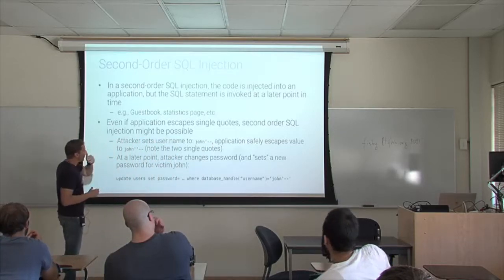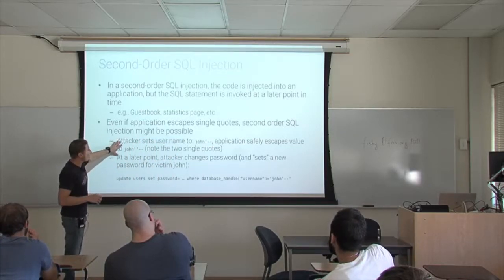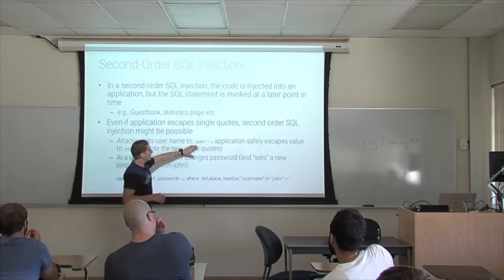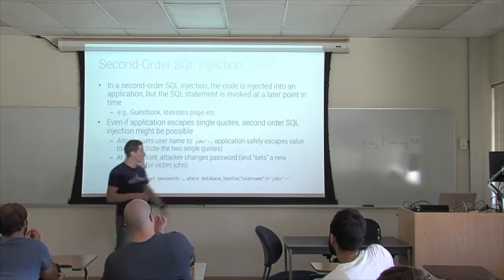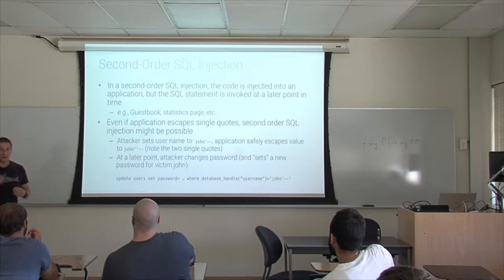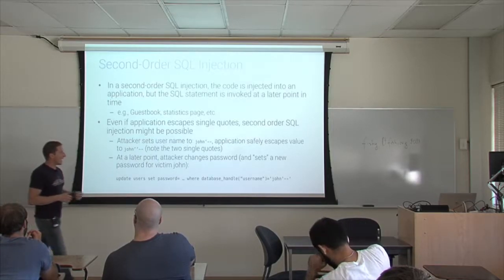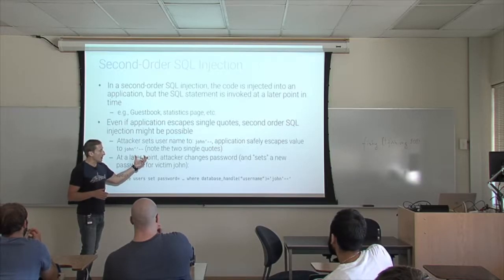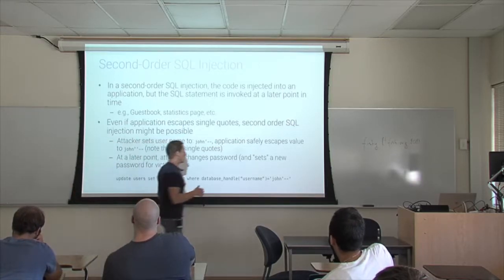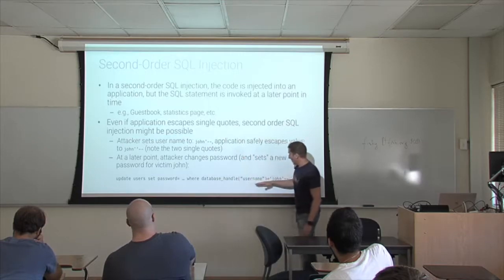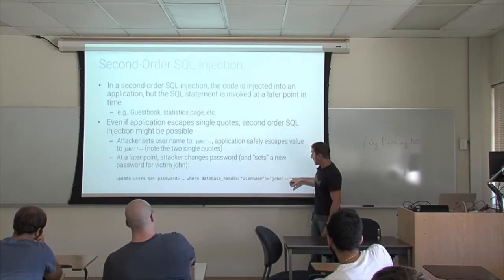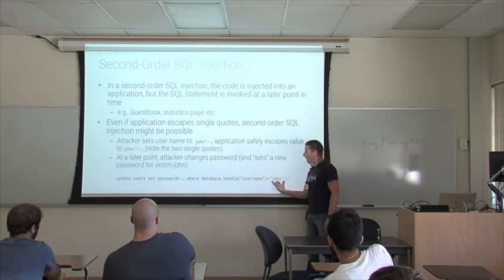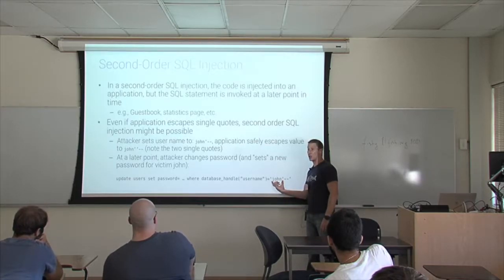This is an example in which the attacker sets the username to John tick --, okay? That is stored in the database, and at a certain point, when the attacker changes the password, suddenly tick John -- is put in, and now the password that is being changed is John's.